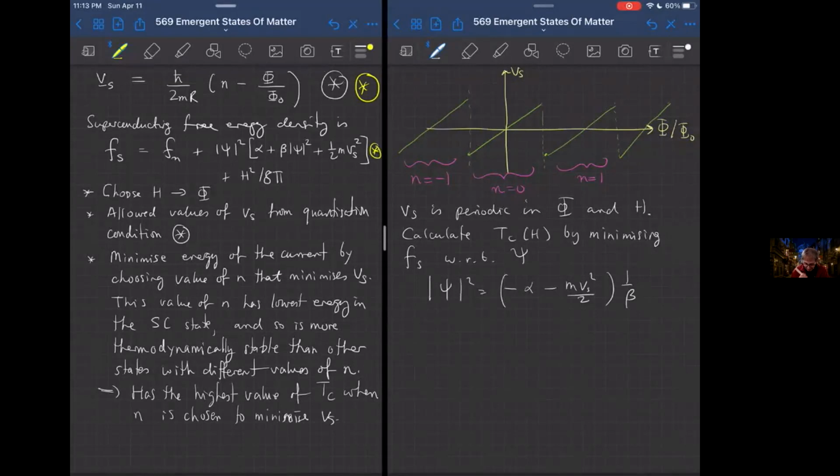And this has to be true. Of course, we need that psi squared has to be greater than 0. And so that means that minus alpha is greater than or equal to m Vs squared over 2. And of course, alpha is just related to the transition temperature. So this is minus alpha, which is a function of Tc as a function of H, has to equal m Vs squared over 2.